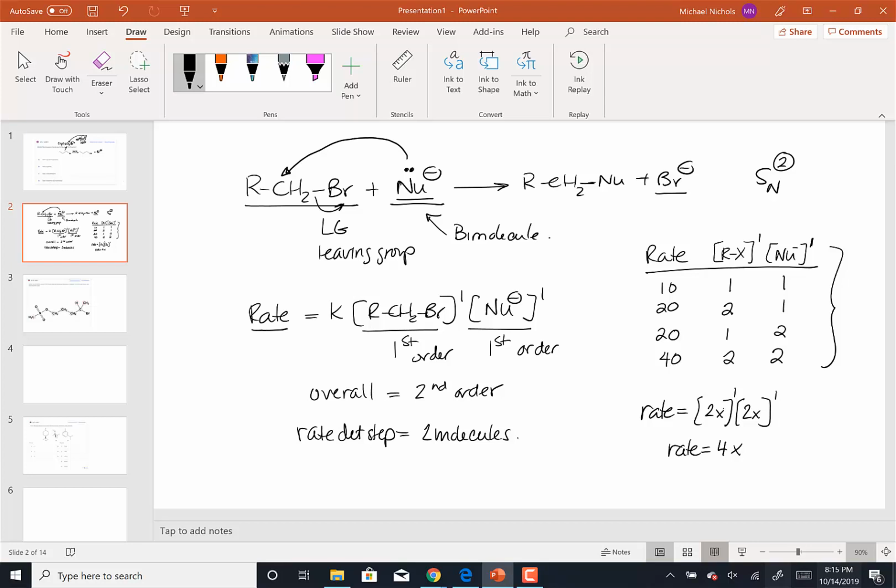So whenever you have a rate equation of 2 molecules where each is to the first power, the reaction is second order, which means the kinetic rate is dependent upon 2 molecules' concentrations, and that actually 2 molecules are reacting in the rate determining step. So that's where the 2 comes from: this is now bimolecular nucleophilic substitution.